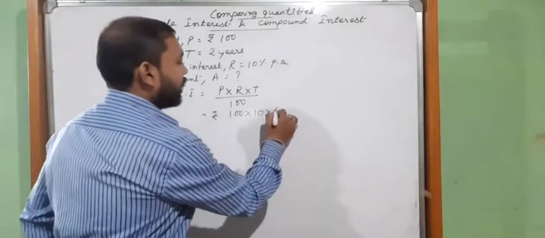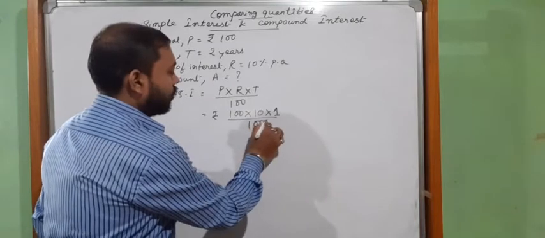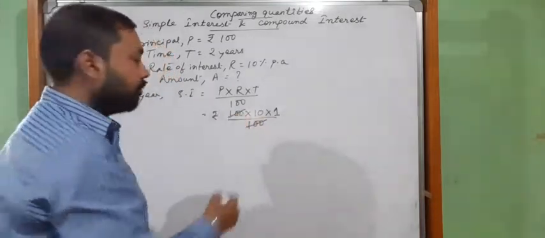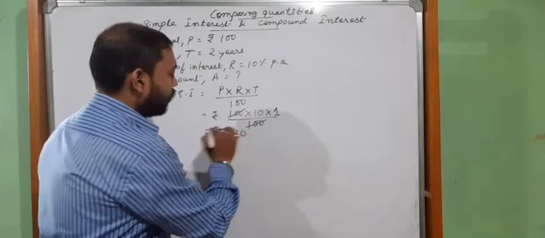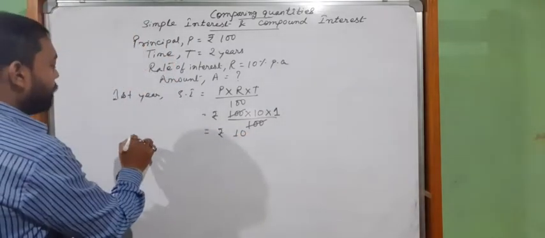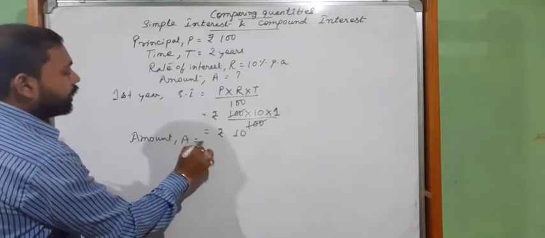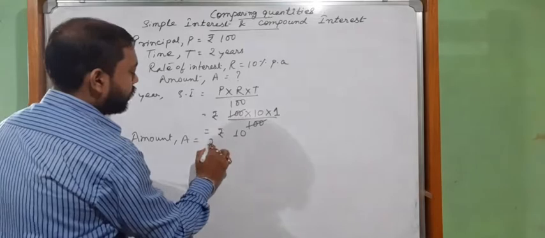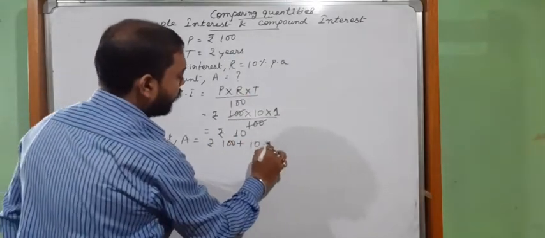So time is 1, divided by 100. This 100 and this 100 get cancelled. So it is rupees 10. Now what will be my amount for the first year? Amount A is equal to principal, rupees 100, plus 10. It is 110.